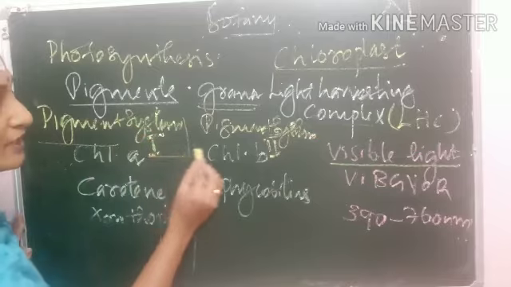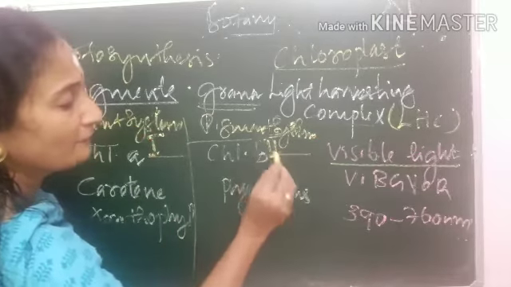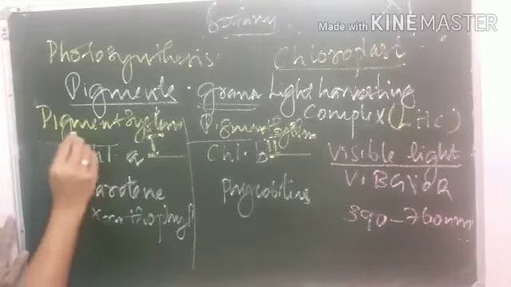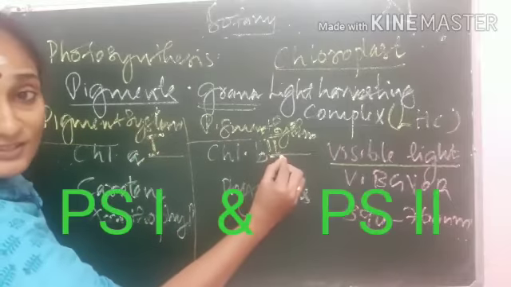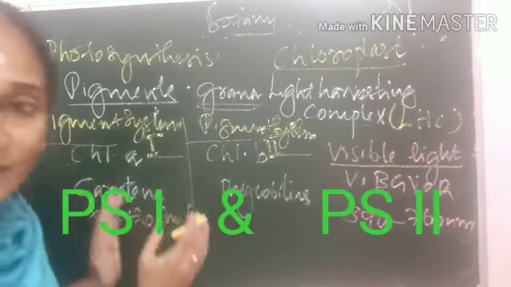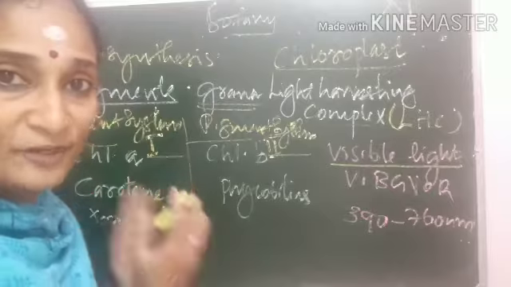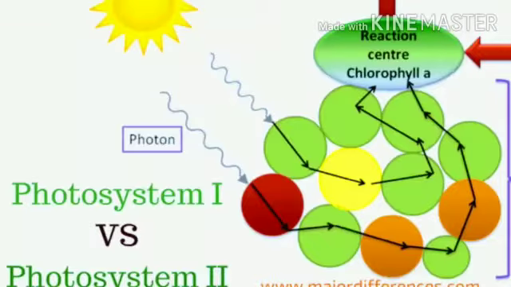The pigments that come under pigment system 1 are chlorophyll A, carotene and xanthophyll.